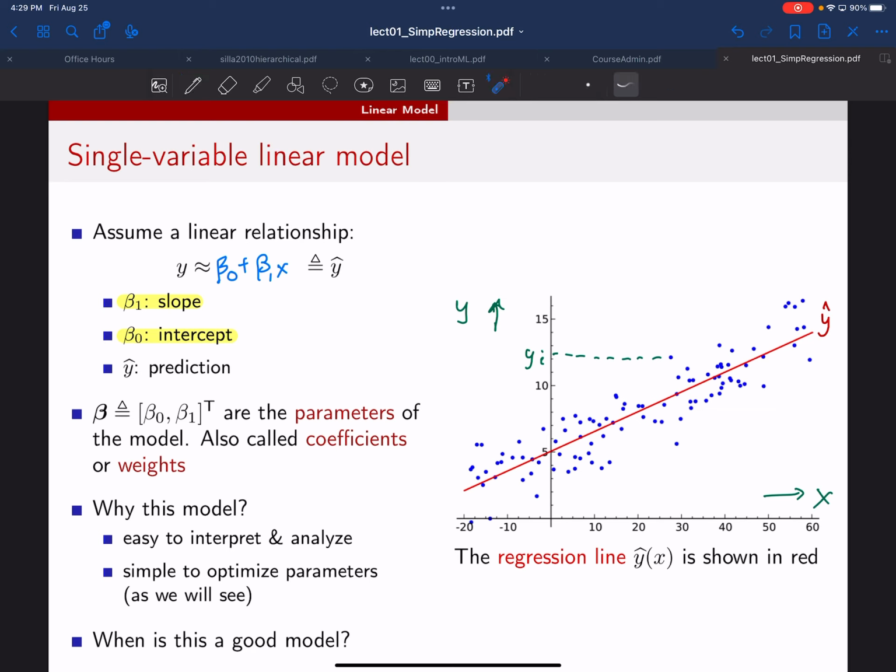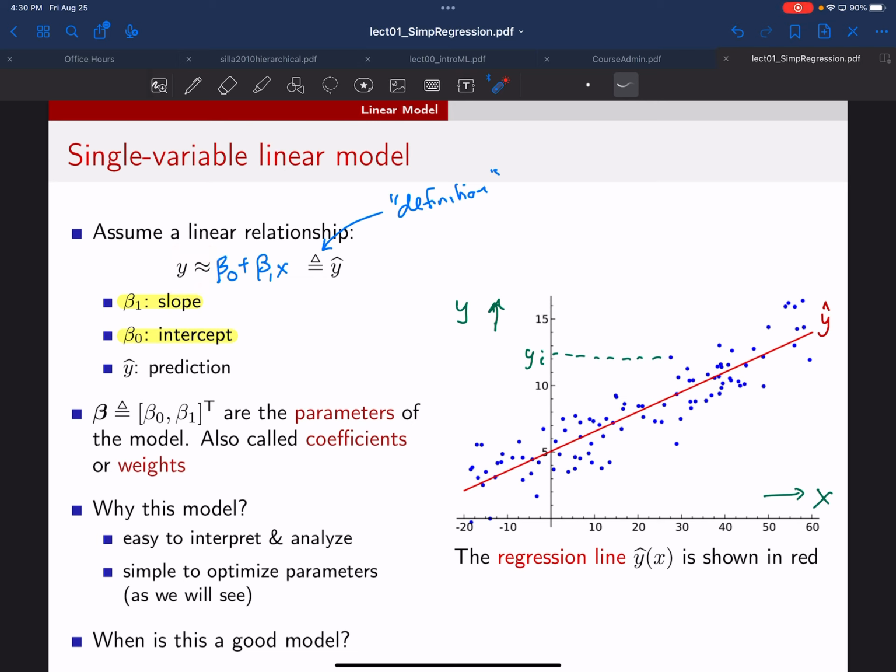So pay attention to a couple of things here. On one hand, we're defining this quantity as y hat. This little triangle above the equal sign indicates that this is a definition. So I'm not trying to prove to you that y hat is beta 0 plus beta 1x. I'm just defining y hat, giving it that name. On the left side, though, notice we have an approximate equal to.